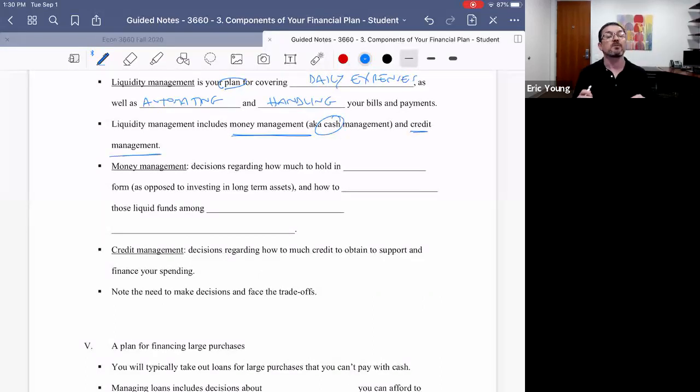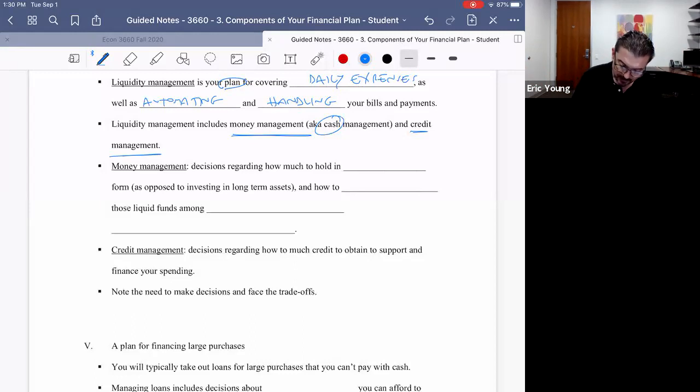Because if you think about it from a broad lens, you can cover your daily needs, your daily cash, meaning spending requirements, either through actual cash, Mr. George Washington, or through Mr. Visa. Okay, so both cash management and credit management are subsets of liquidity management.